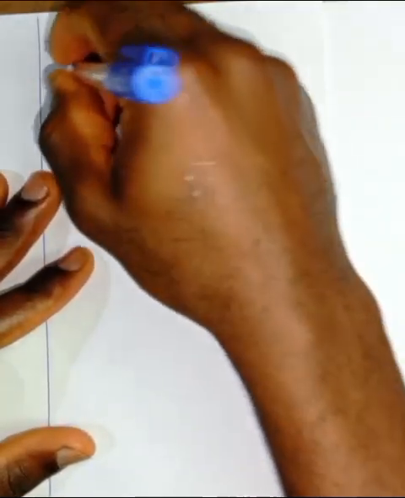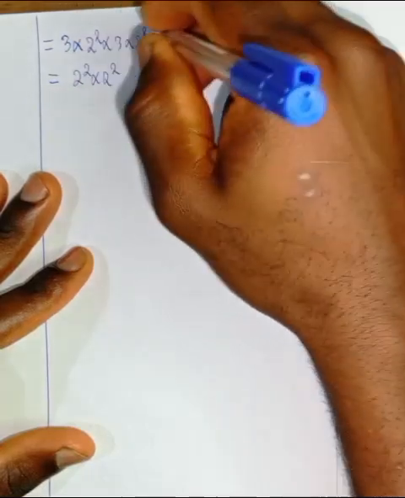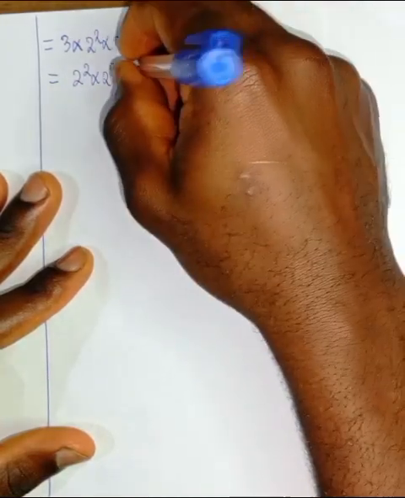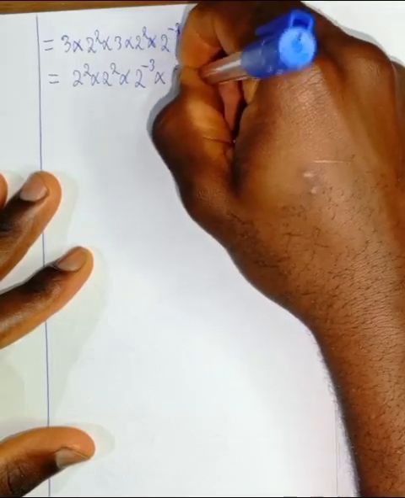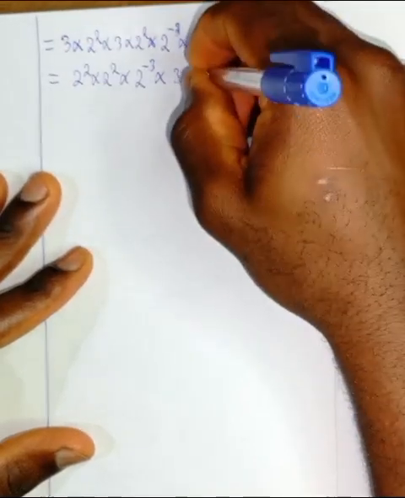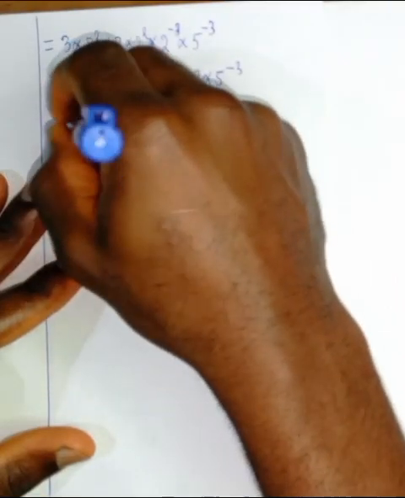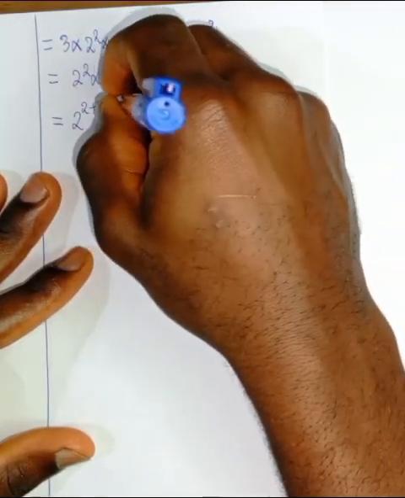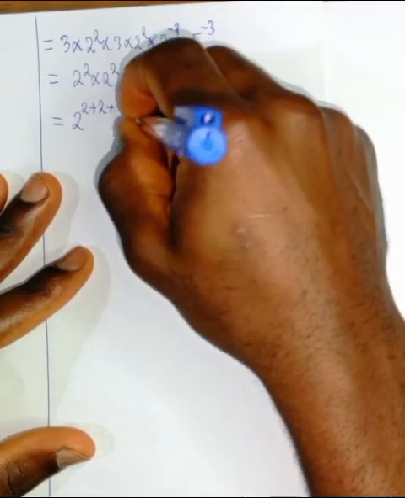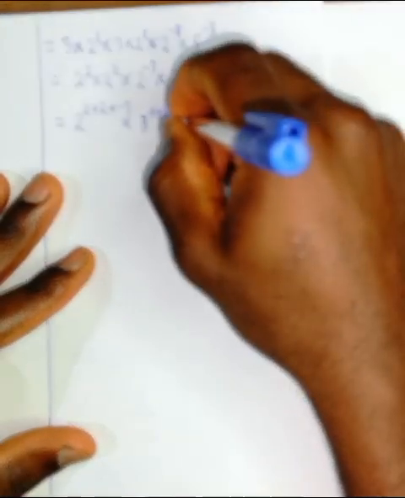This will simply be equal to 2 raised to the power 2 times 2 raised to the power 2 times 2 raised to the power negative 3 times 3 times 3 times 5 raised to the power negative 3. And this will simply be equal to 2 raised to the power 2 plus 2 plus negative 3 times 3 raised to the power 1 plus 1 times 5 raised to the power negative 3.